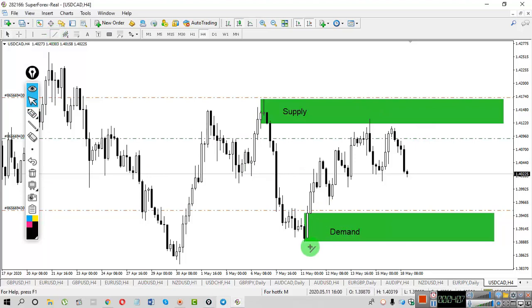If you are seeing, this is a wedge pattern, very nice wedge pattern.